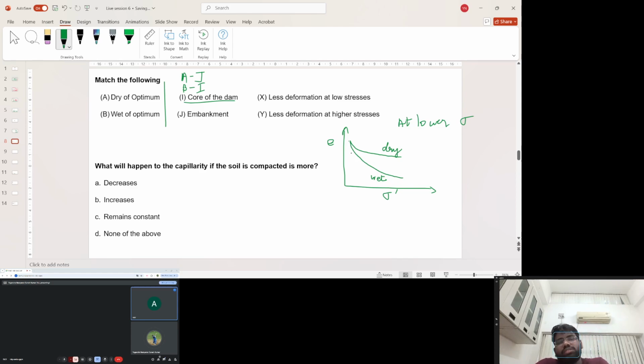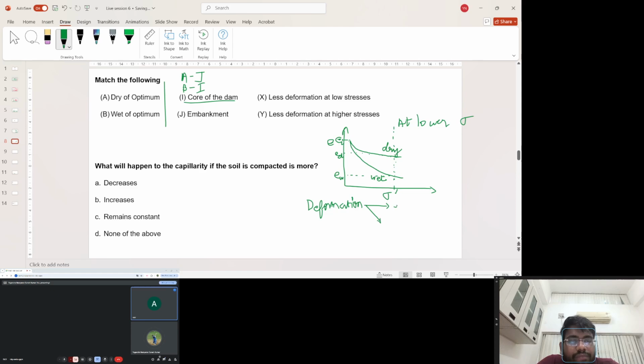With increase in stress, let this be initial e, and at a particular stress, let this be ED, EI, and this is EW. Now deformation is of two kinds.